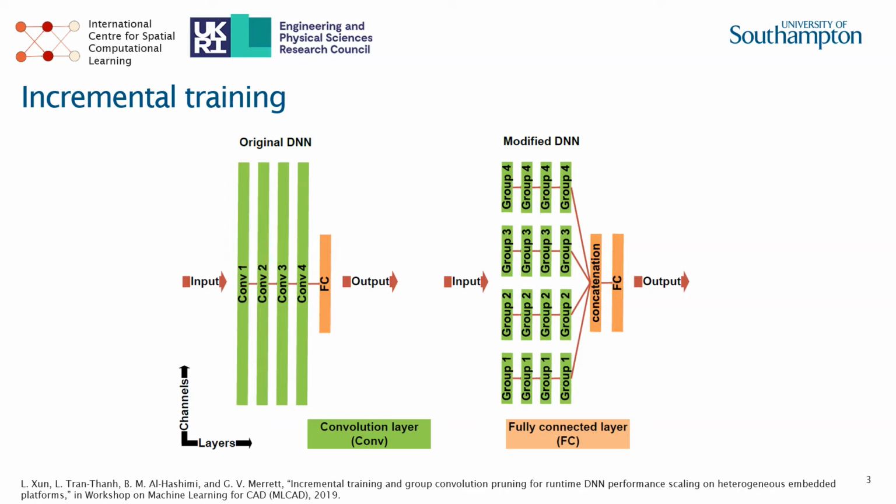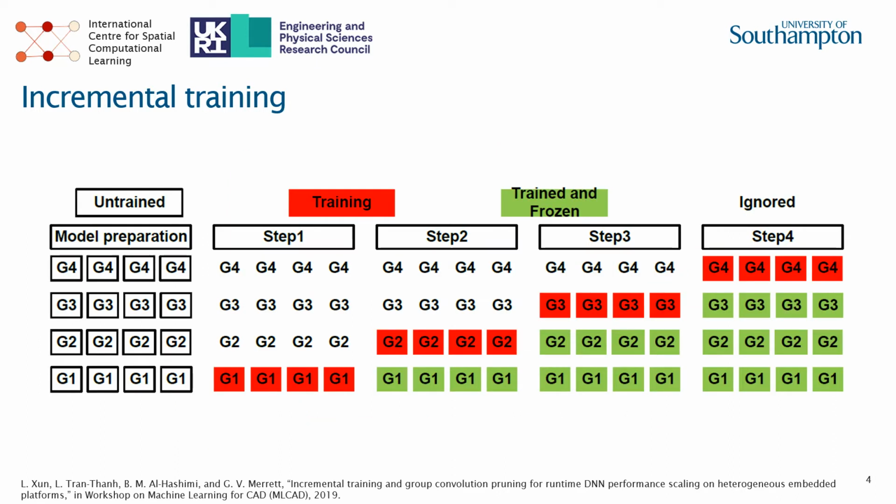With such an architecture, we then train one group at a time. For example, in step 1, we train group 1. After that, the model can make a prediction using the weights from group 1. And in step 2, we train group 2 while using the pre-trained weights from group 1.